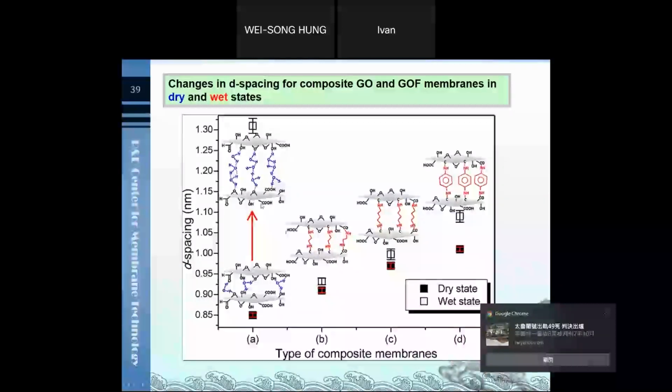After cross-linking the graphene oxide framework membrane, the change in the D-spacing between the dry and wet state is not clear. It's because after cross-linking, the framework structure inhibits the swelling effect in the wet state.